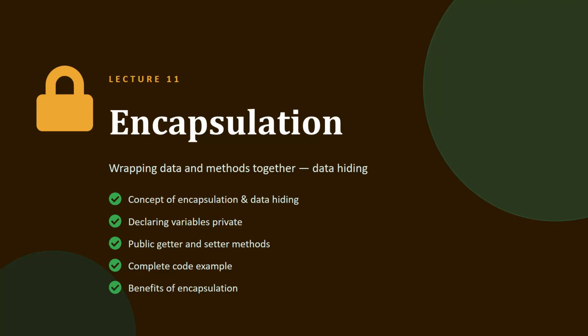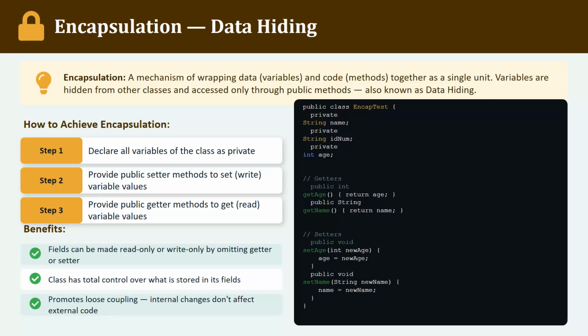So here we are talking about the concepts of encapsulation and data hiding, declaring variables private or public, getter and setter methods, and then complete code examples and benefits. So that's what we say, that a mechanism of wrapping data variables and the code together as a single unit is what is called encapsulation.